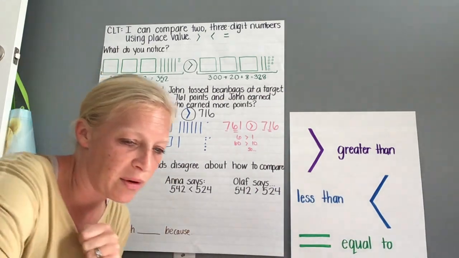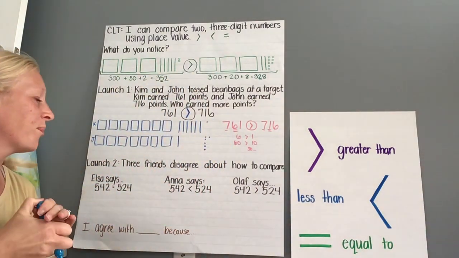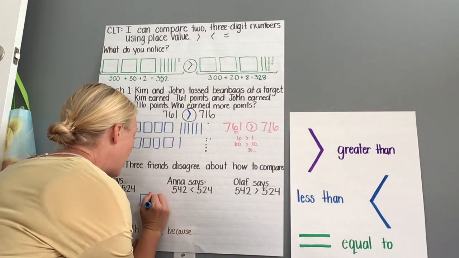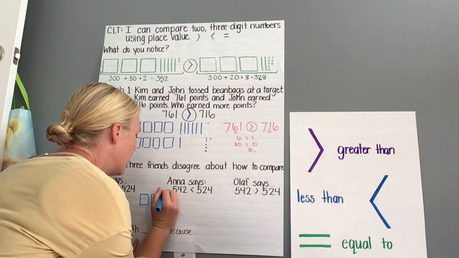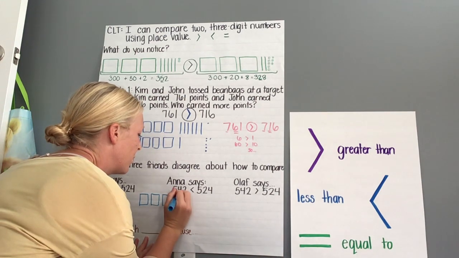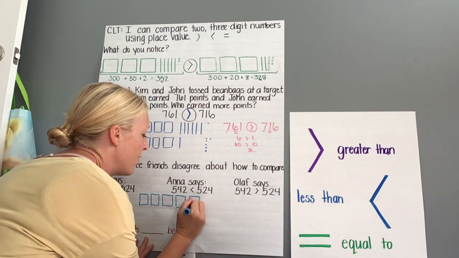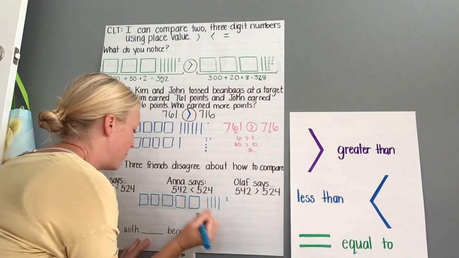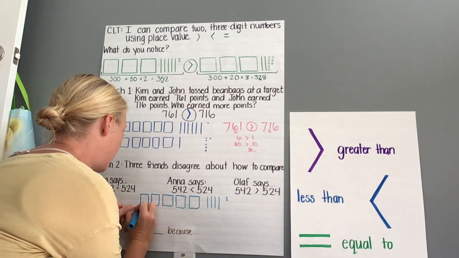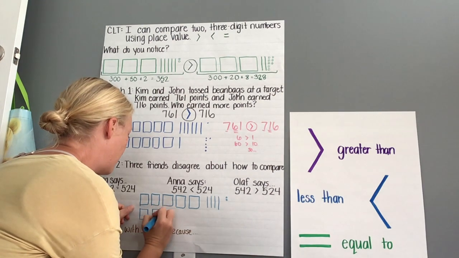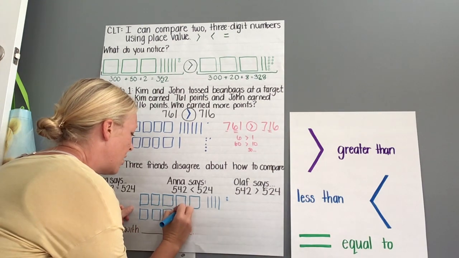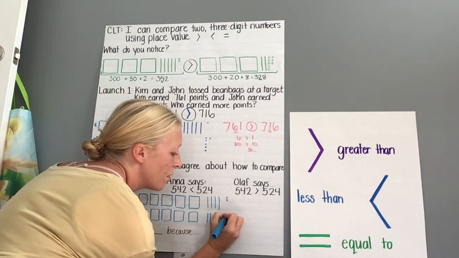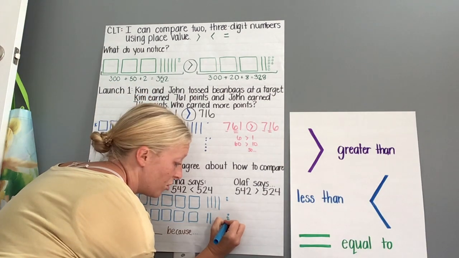Can I have you share with us your model? Okay. 542. Okay. 524. Does that look like what you wrote?